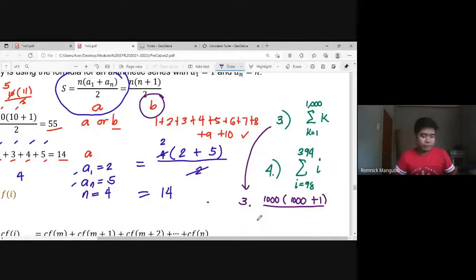Okay, itong number 3, formula letter B na gagamitin natin where n is 1,000. So 1,000 divided by 2 is 500. So this will now be 500 times 1,001.